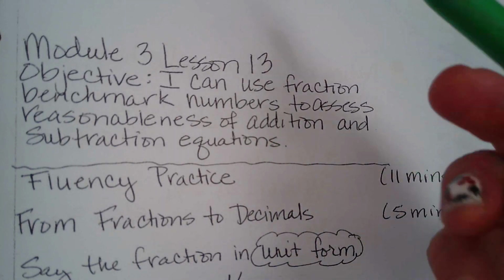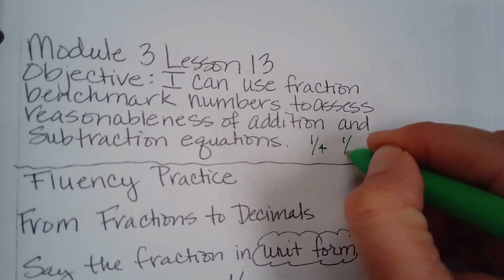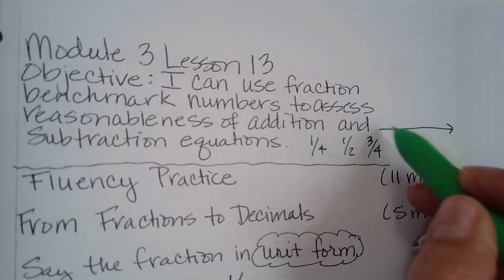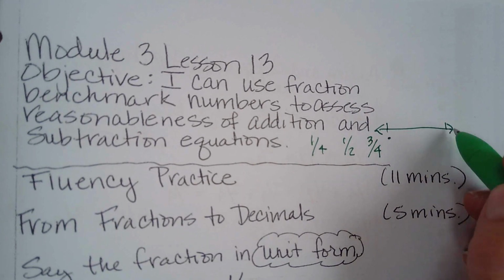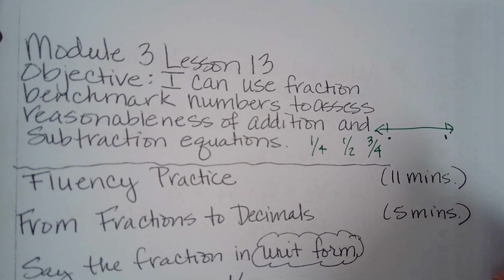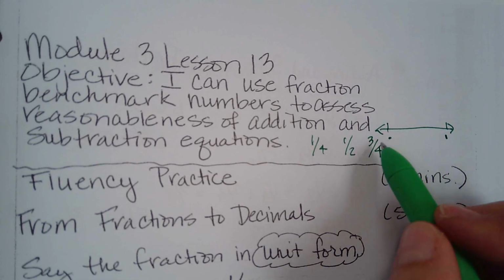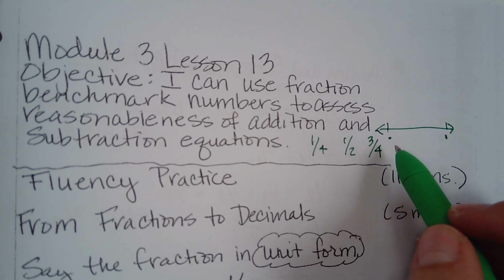So what we're going to use is basically quarters, halves, and 3/4, knowing where a number sits on a number line, whether it sits closer to 0 or closer to a whole number. Then when you add them up, do you think it's going to be more than 1, or less than 1?